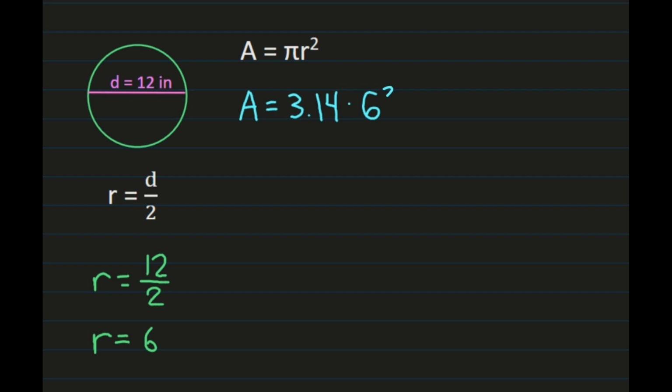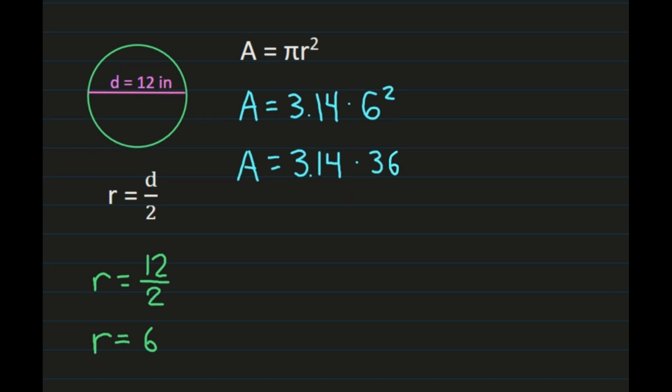So now we have area equals 3.14 times 6 squared, and we have to do the exponent first according to our order of operations. 6 squared is 6 times 6, and 6 times 6 is 36.